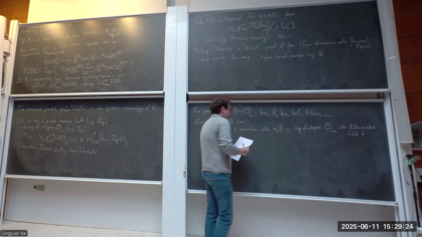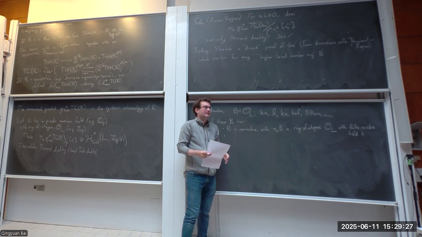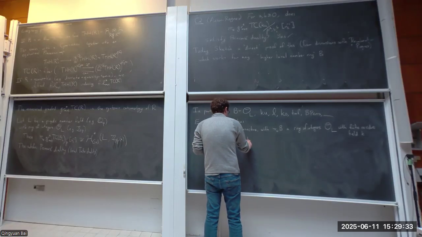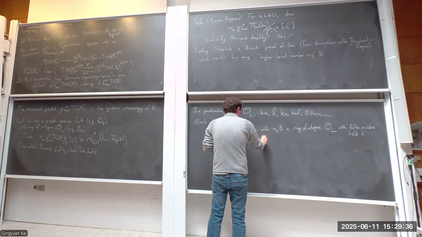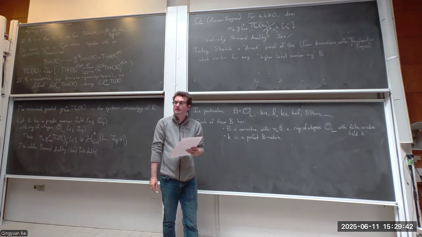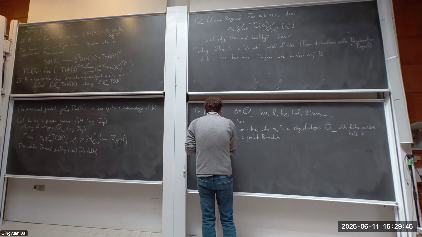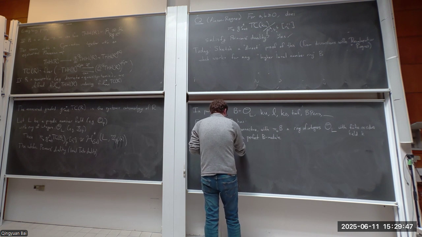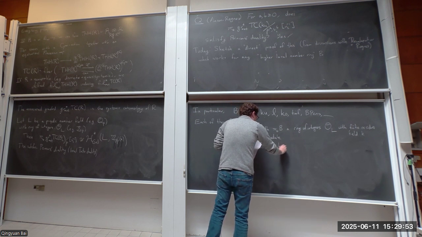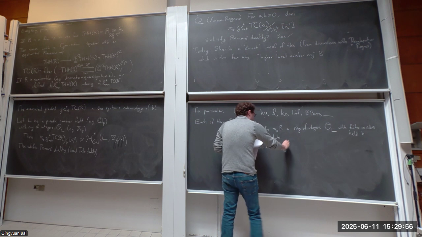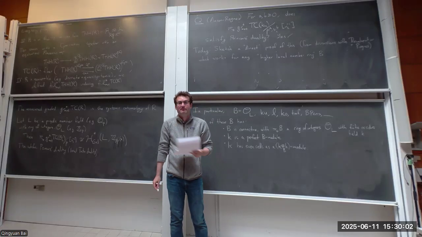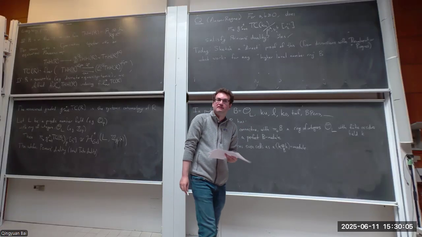Then because pi 0 of B is a module over B, so is K. K is also a module over B, and the key condition seems to be that K is a perfect B-module. K can be built from B in finitely many steps. I'm going to use, maybe just for convenience, that K has even cells as a K tensor that would be the module. Okay, maybe a somewhat strange condition, but one that's satisfied in practice for all of these examples.